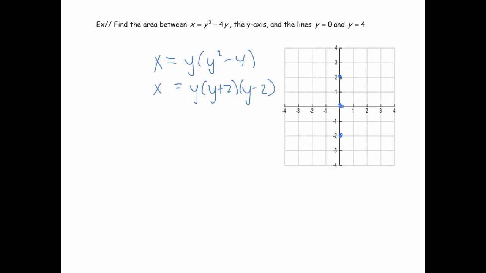So maybe plug in a number like 1 for y. If you plug 1 in for y, you get 1 cubed minus 4, which is negative 3. So when y is 1, x is negative 3. And when you plug in negative 1, you get positive 3. So that tells me this is a cubic function that's doing this.